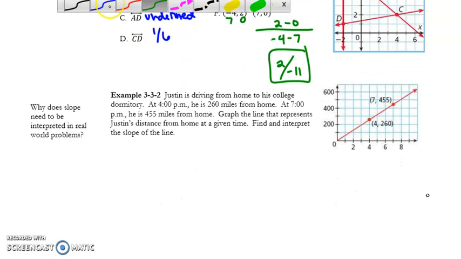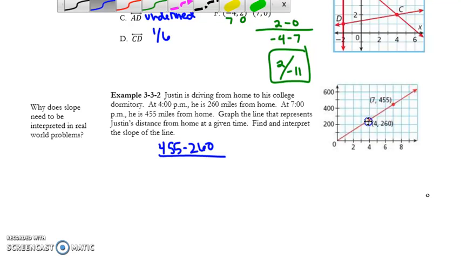So next we're going to look at this graph here, and we are going to identify basically our slope here. So it looks like Justin is driving from home to his college dormitory at 4 p.m. He is 260 miles from home. At 7, he's 455. So we want to figure out, well, rise is going to be his distance here. So from 260 to 455, we need to find that difference.